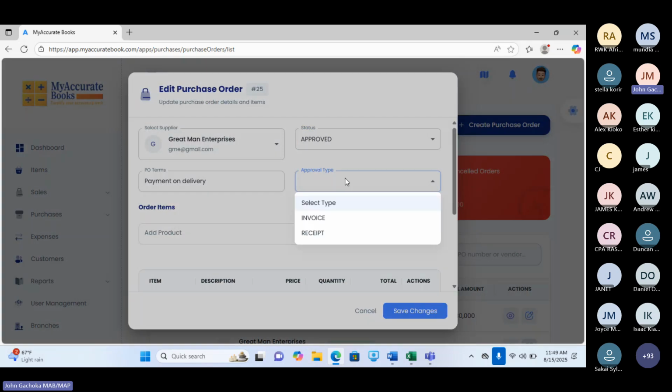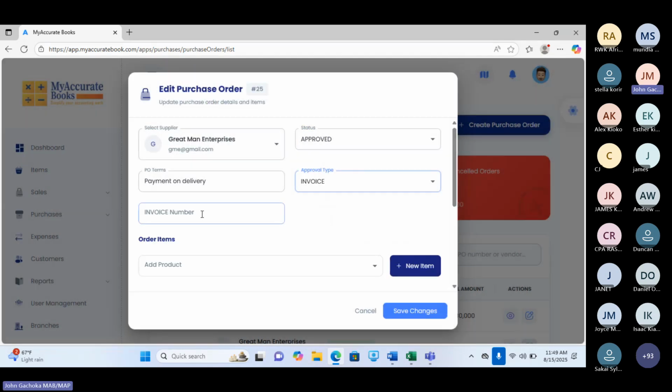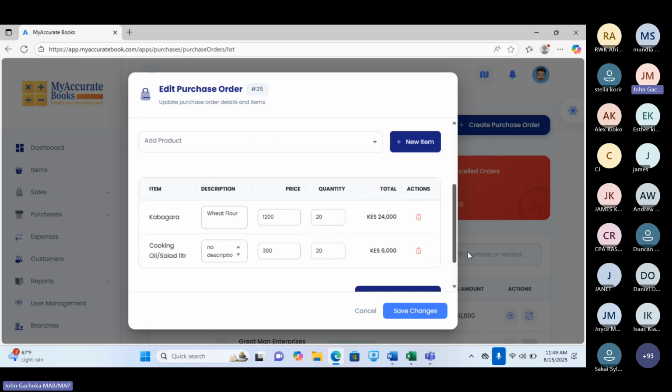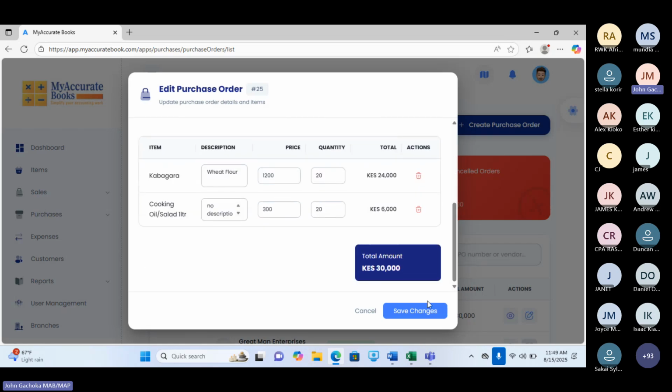An approval type is in form of an invoice or a receipt. And you have to indicate the invoice number. In this case, we can give it. In the event that you wanted to add another product, again, you can add it here and you save changes.